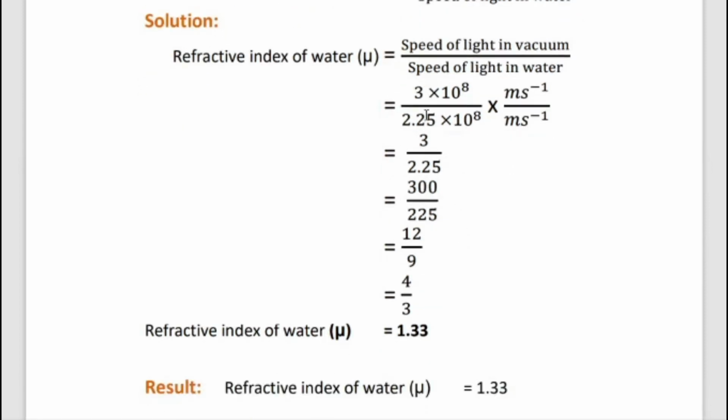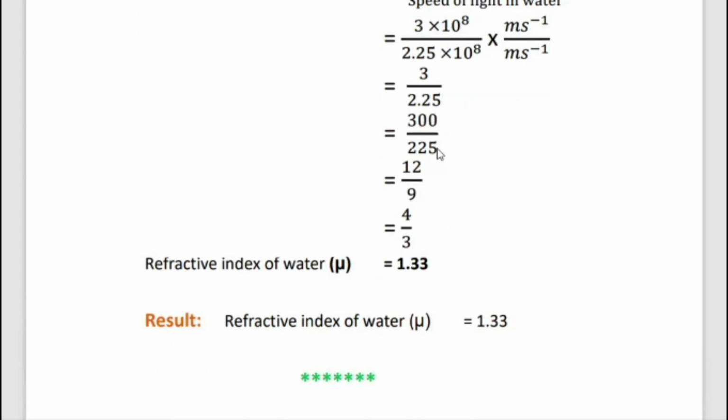So the balance is 3 divided by 2.25. Multiply by 100 on both sides to change to whole numbers, that means 3 into 100 divided by 2.25 into 100. So we get 300 by 225. We can cancel, and we get 12 divided by 9.